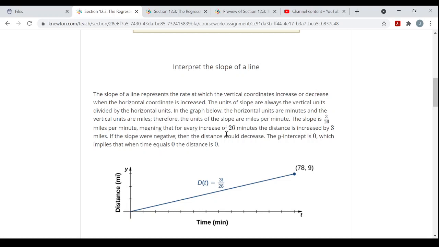That means for every increase of 26 minutes, the distance is increased by 3. It's rise over run. If I run 26, increasing the time by 26 minutes, the rise would be positive 3. I'd increase the distance by 3. So right 26, up 3.